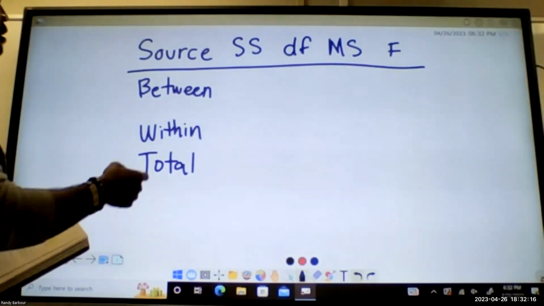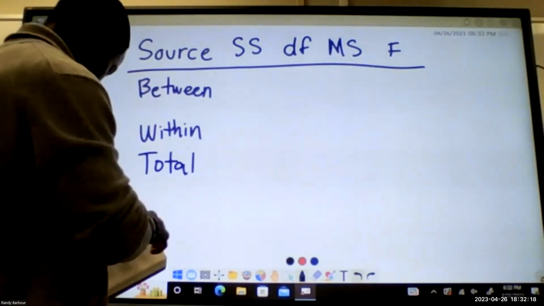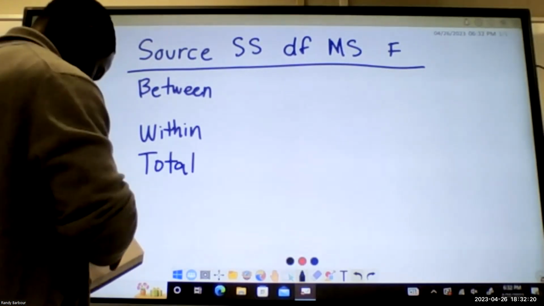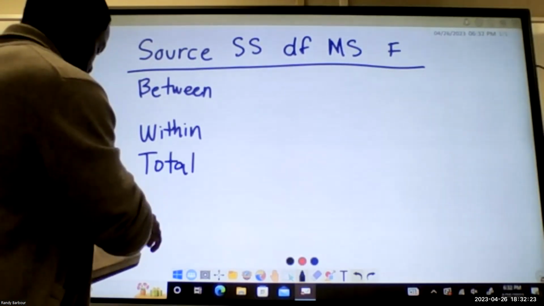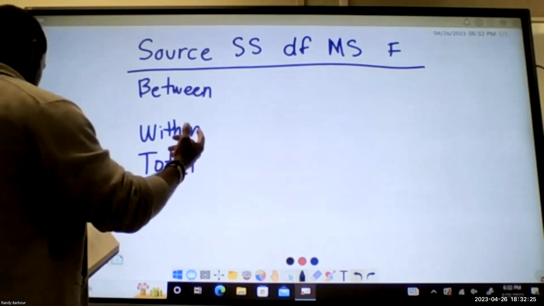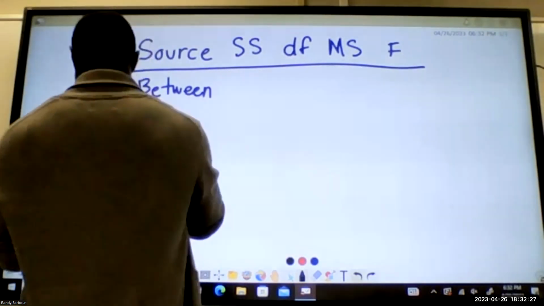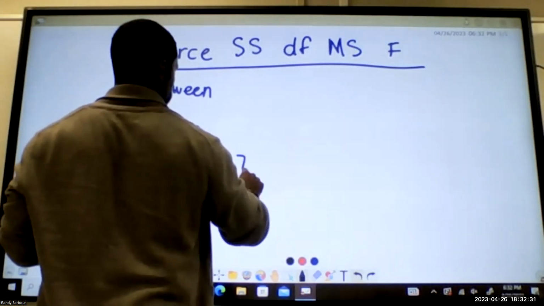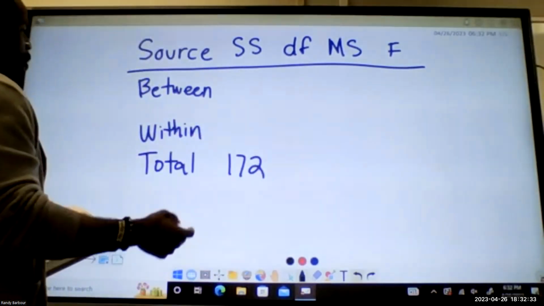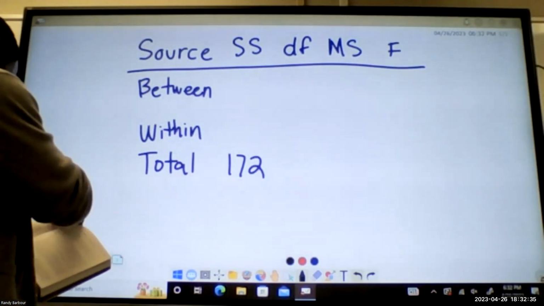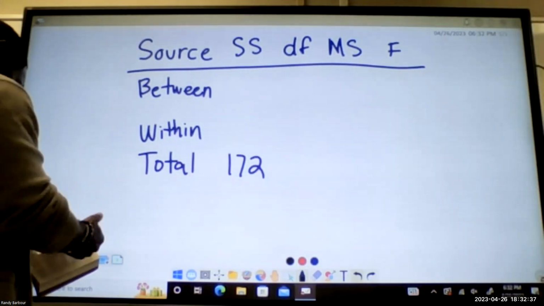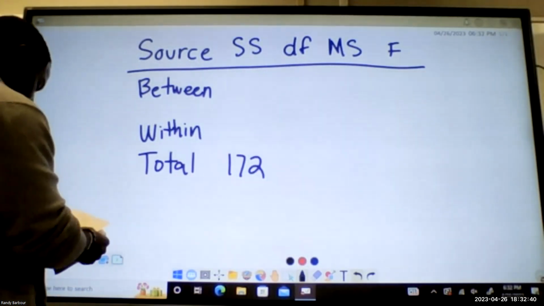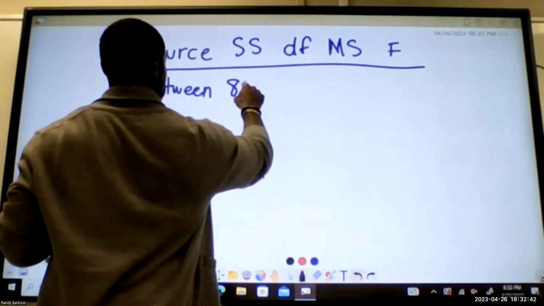For our sum of squares, if you can remember, we had a total of 172. We had a between group, which is 84.